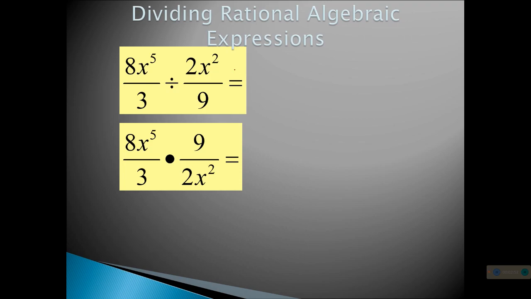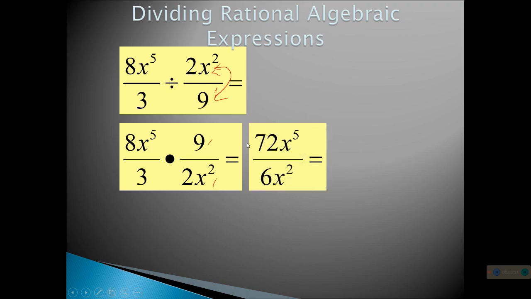So 2x squared will be in the denominator and 9 will now be in the numerator. Then change the division sign to multiplication. We have 72x to the 5th power over 6x squared, and if we simplify this, we have 12x cubed.